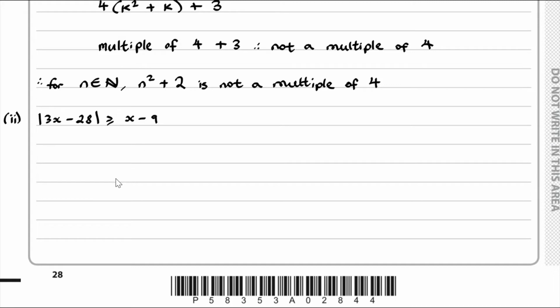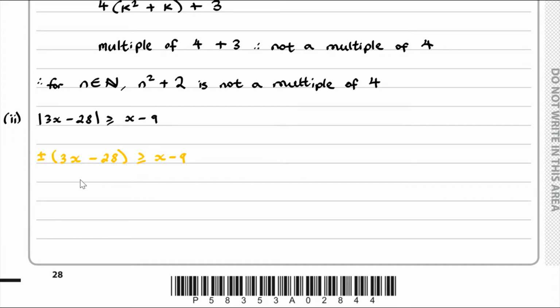Now, if we attempt to solve this inequality, we first of all need to split this inequality up into two separate bits. So we have plus minus 3x minus 28 being greater or equal to x minus 9.